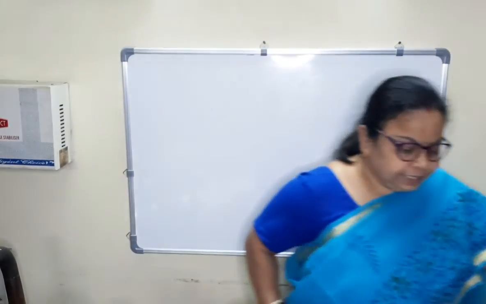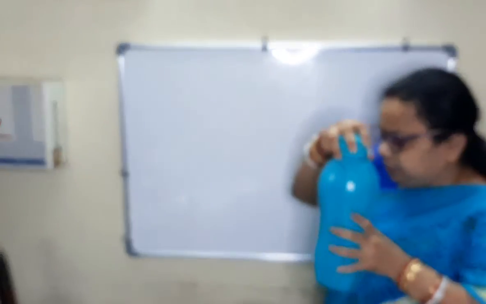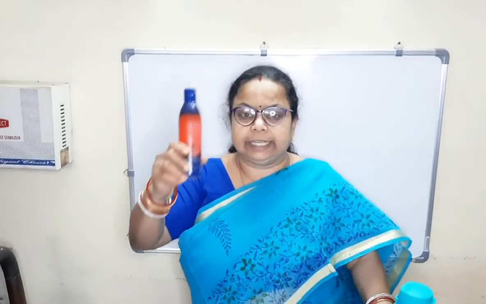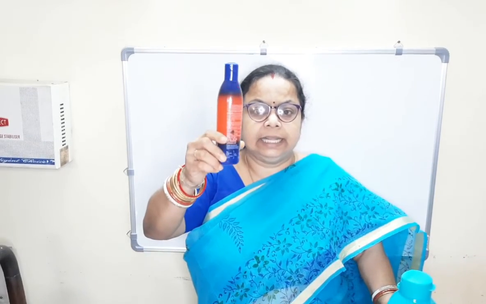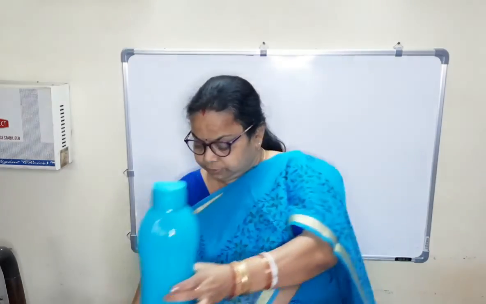The big bottle will be expressed in liter, and this small bottle is expressed in milliliter. Capital L is liter. Okay, children, it is small ml, milliliter. Okay, thank you.